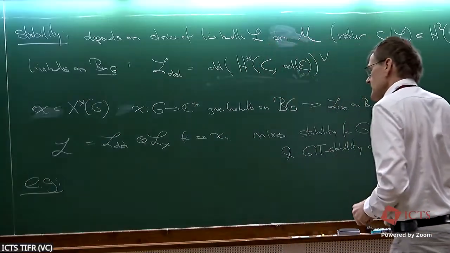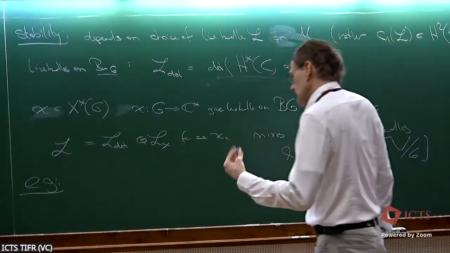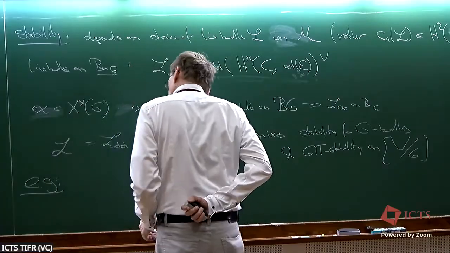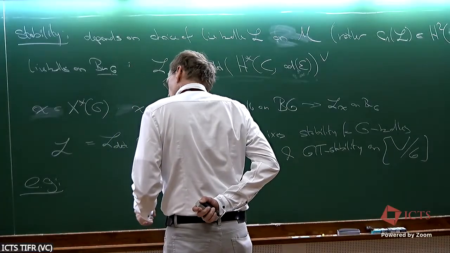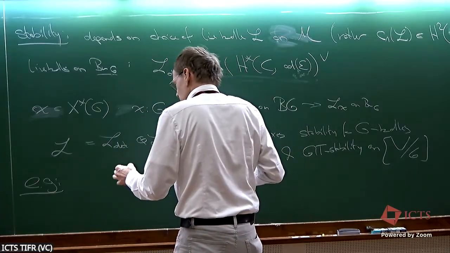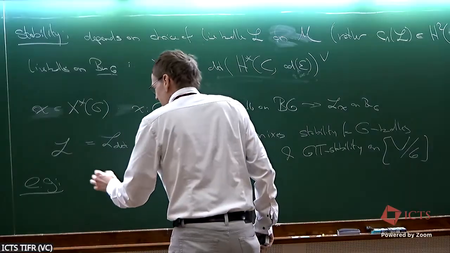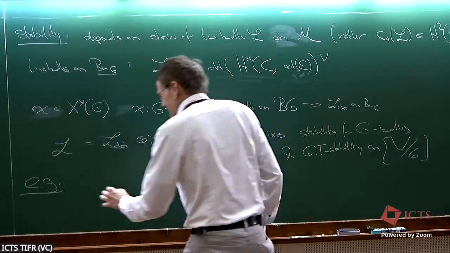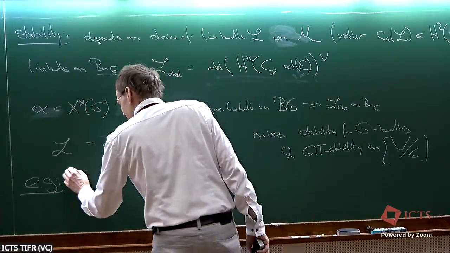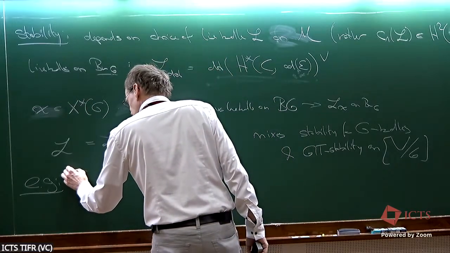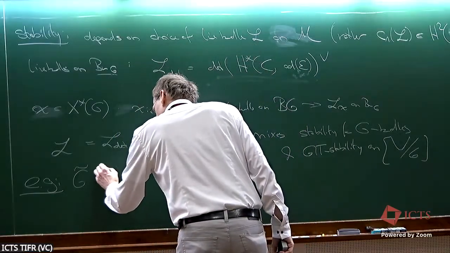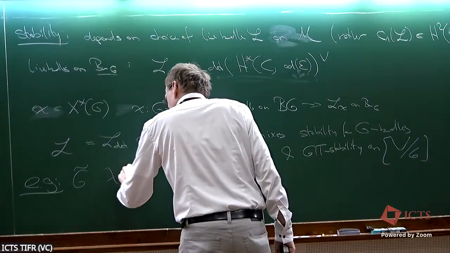So one example that came up in this work with Oscar is the following. Sorry, I have to think how to say this without making Oscar upset. So you start with a group G, a larger group G, and you take a one parameter subgroup, a cocharacter.